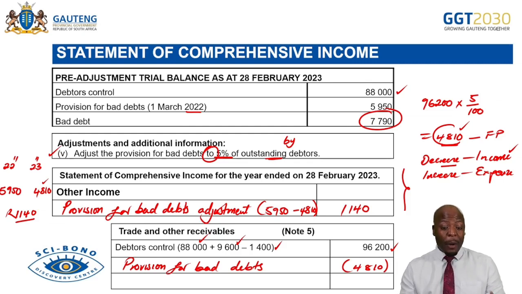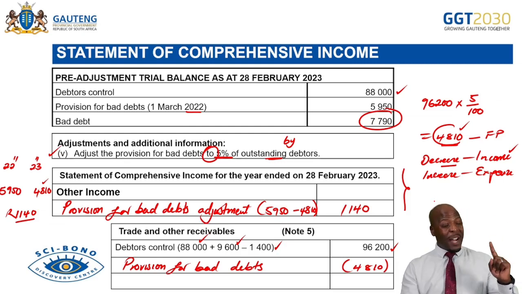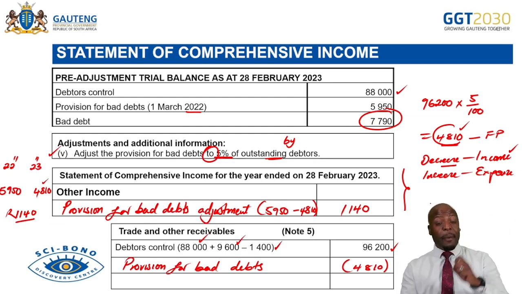But before I go, remember what we did. With our provision for bad debts, there's an amount that we record in the statement of comprehensive income, but we consider either an increase or a decrease, comparing the previous year against this current year. When it's an increase, it is an expense. When it's a decrease, it is income.